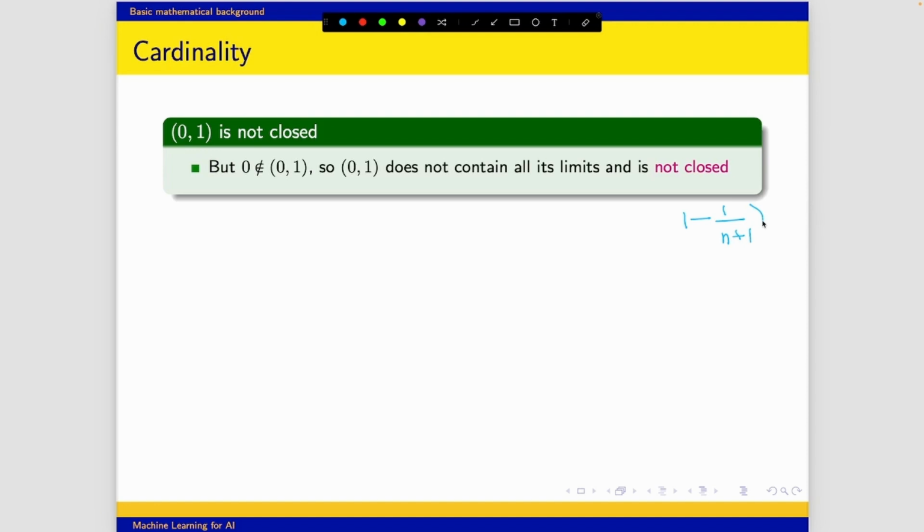This is a sequence for all n belonging to the natural numbers.